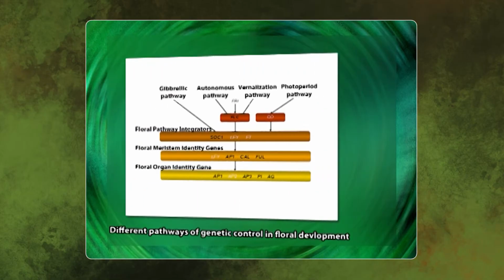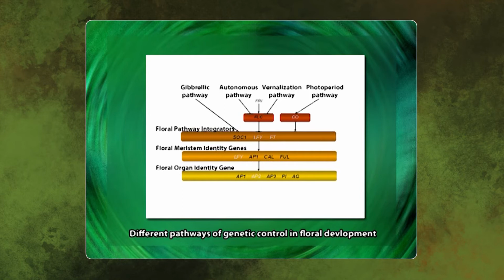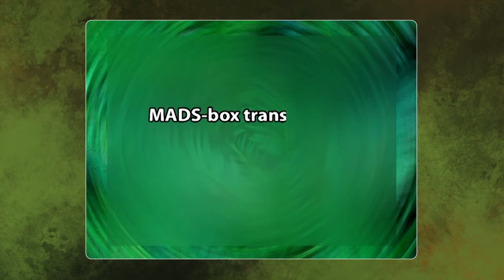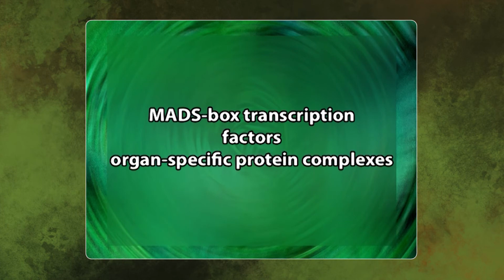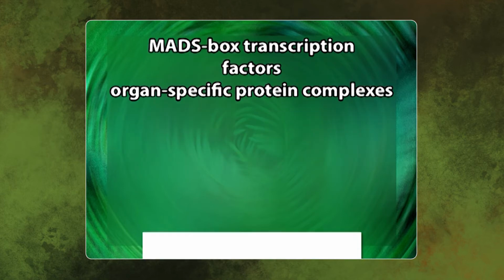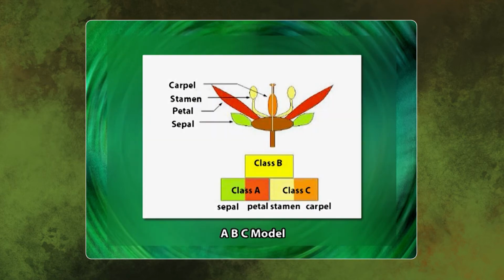In Arabidopsis thaliana, several transcription factors control the transition from the inflorescence meristem to the floral meristem. The specification of floral organs is a result of mutually expressed MADS-box transcription factors that form organ-specific protein complexes. According to the ABC model of gene interaction, each of the 4 types of floral organs is specified by a unique combination of these genes. However, the transcriptional network controlling flower development is still largely unknown.